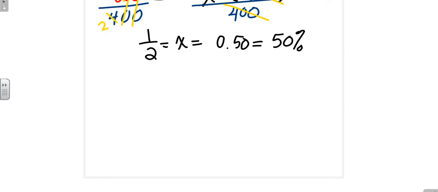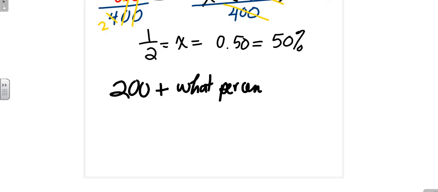So it's asking like this: $200 plus what percent is 400? $200 plus what percent is 400?